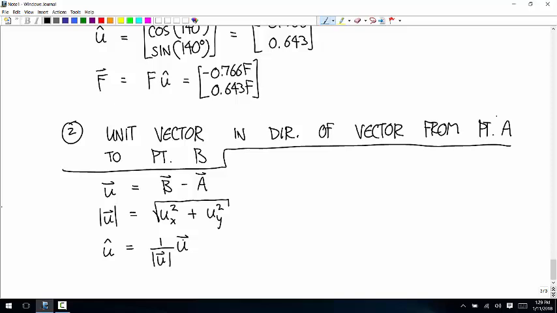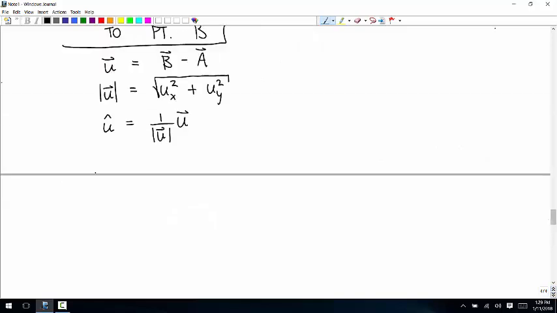So figure out the length and divide both components by the length. Let me do an example. It works the same in 3D.